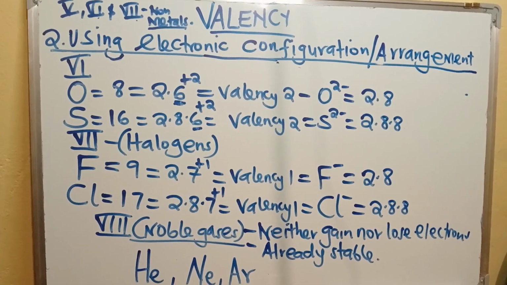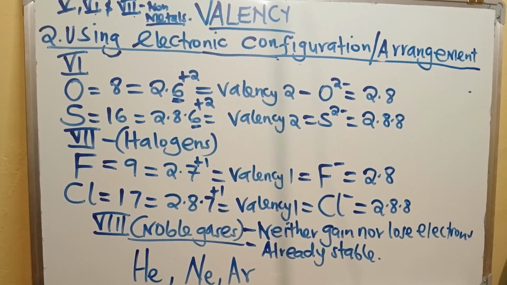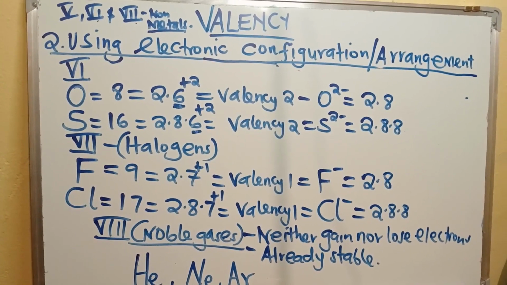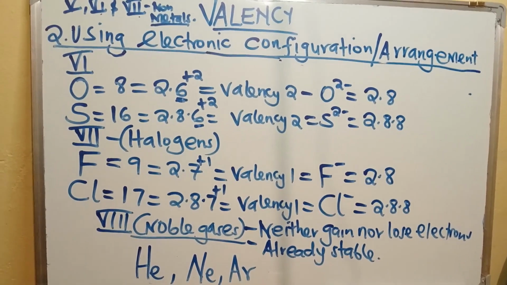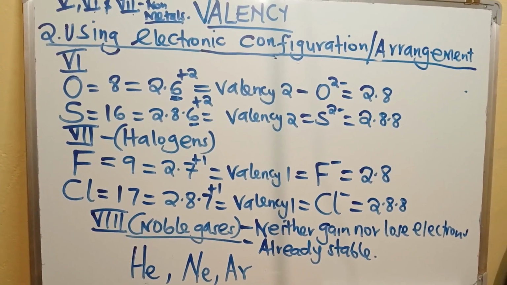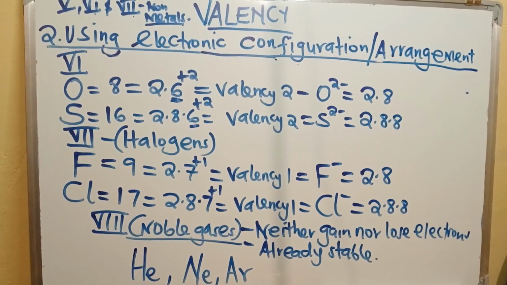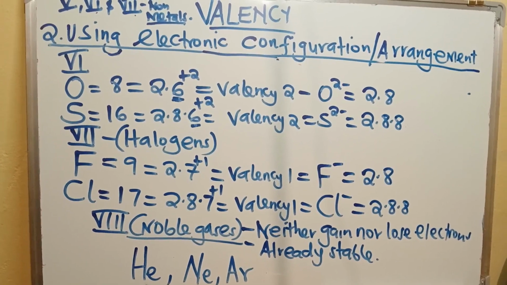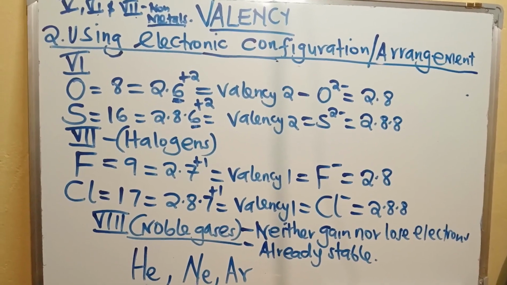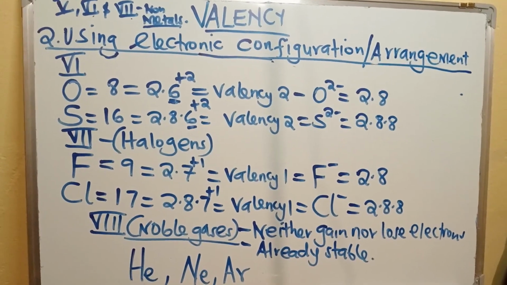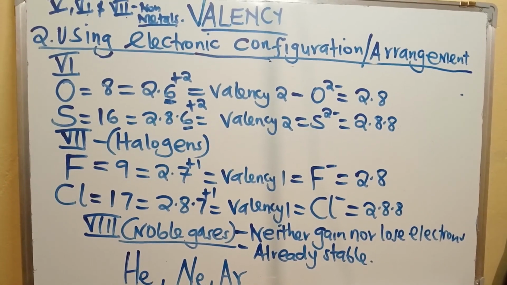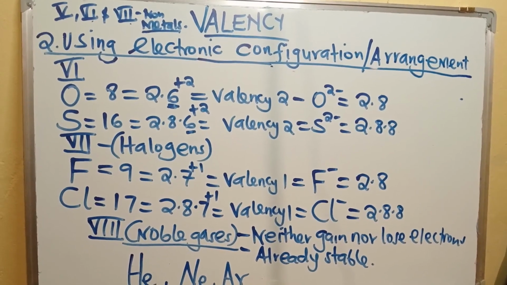It can only be either for those letters their ions have been given, or you know the atomic number, and the atomic number is what will guide you in the writing of the electronic configuration, and by knowing whether it is gaining or losing, you are able to determine how many it is to lose or how many it is to gain, and then you know the valency.